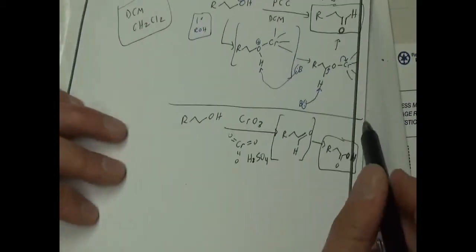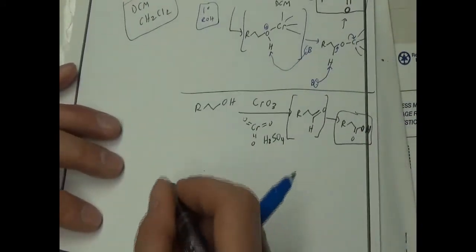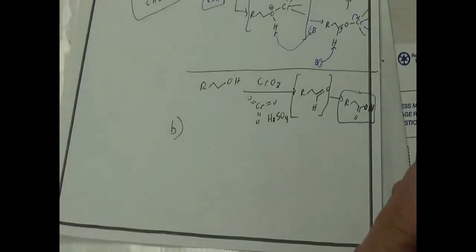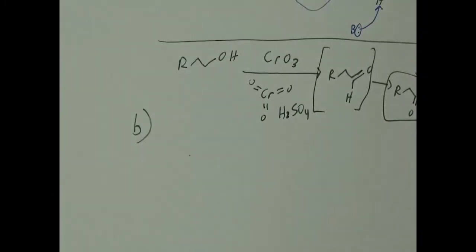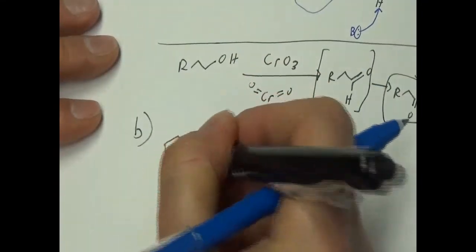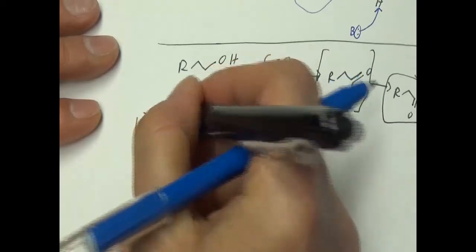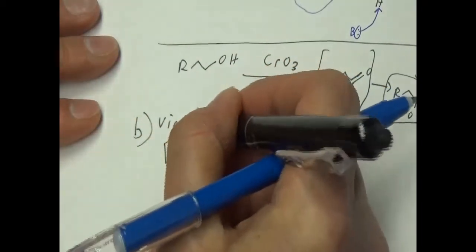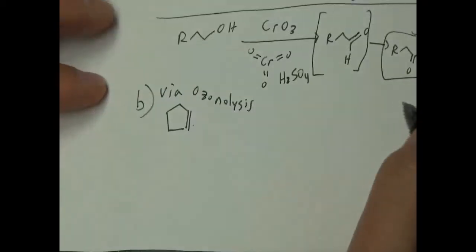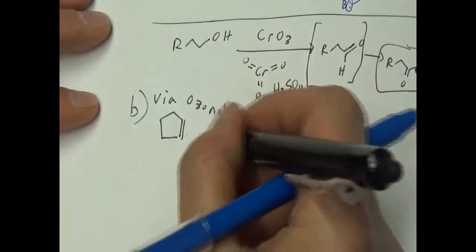All right. What other ways do we know to make aldehydes? Other ways to make aldehydes. Also, going back to Organic 1, I mean. Via ozonolysis. Ozonolysis, which is O3, right?